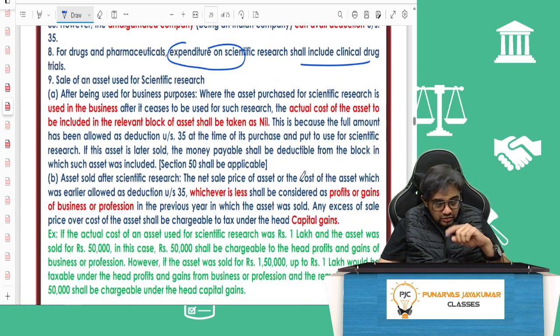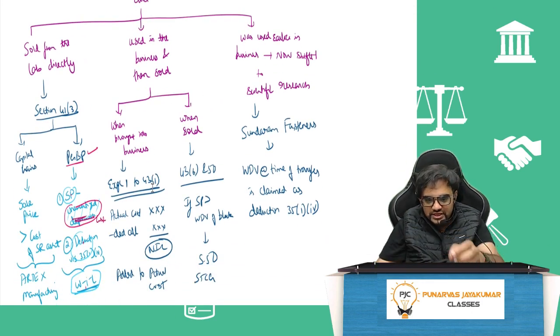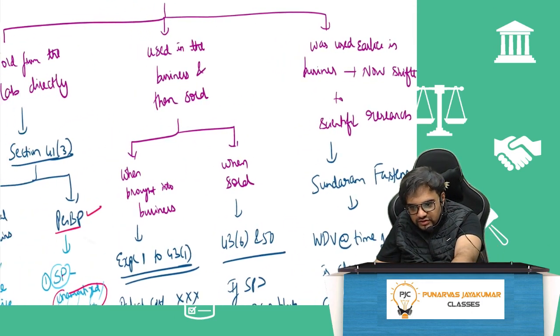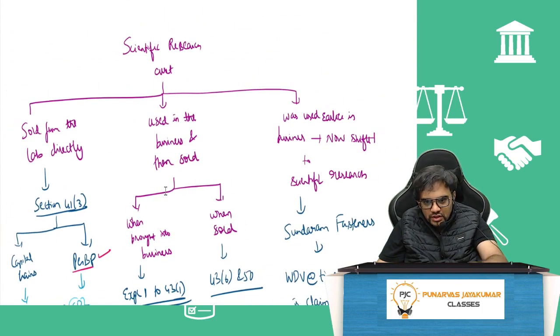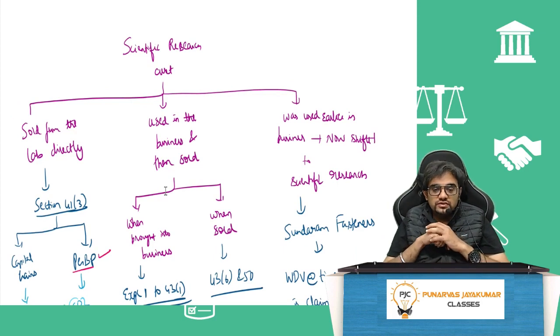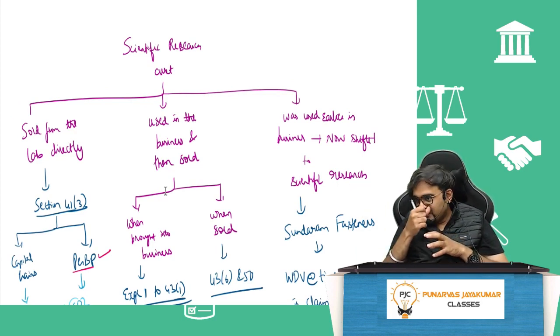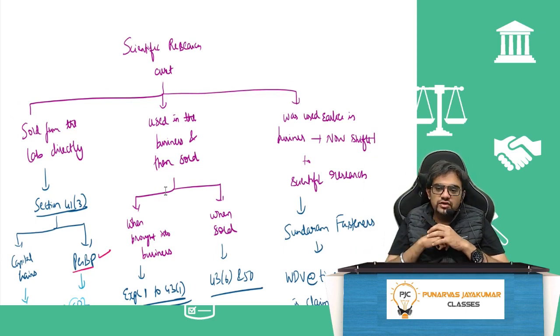Now, they can ask you one additional thing in this: when you sell the asset, what will happen? Selling of a scientific research asset. This is what is going to happen, guys. Check it out. If it is sold from the lab, 3 things I can envision. 1, I will sell from the lab directly. 2nd, I will use it in the business and then sell it off. 3rd one, it was used earlier in the business and now it is shifted to scientific research.